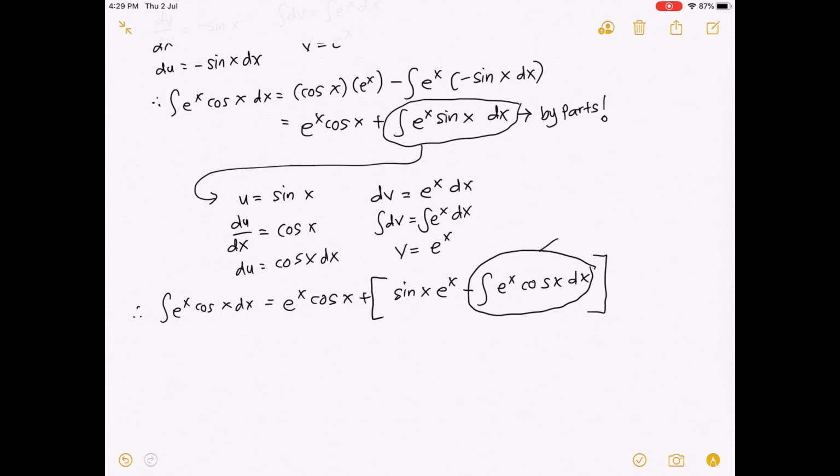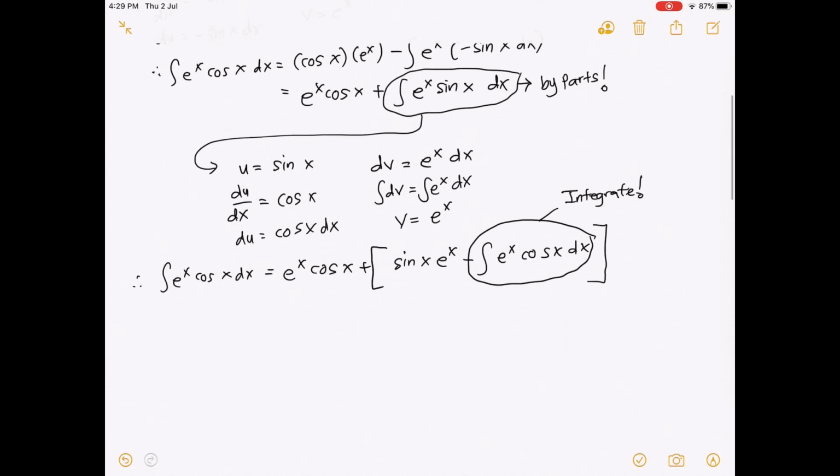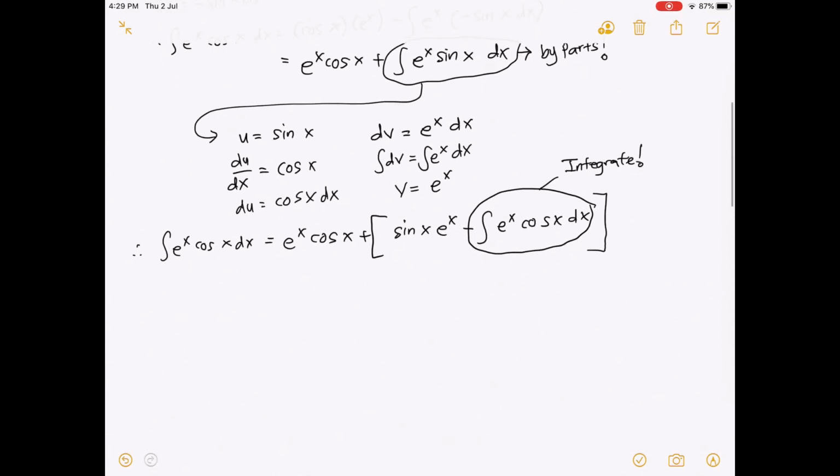Again, remember there's still an integral that needs to be solved, and the integration is again exponent with trigo. So it seems to be a never-ending calculation between exponent and trigonometric function, because whenever you integrate an exponent, you will have another exponent, and whenever you differentiate a trigo, you will get another trigo. So how do we solve this one?